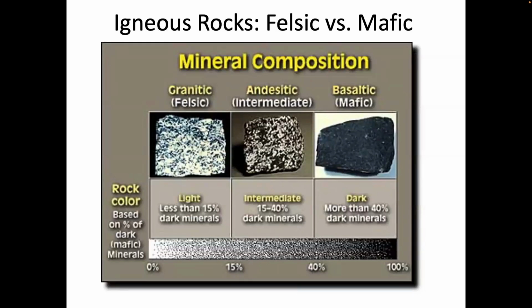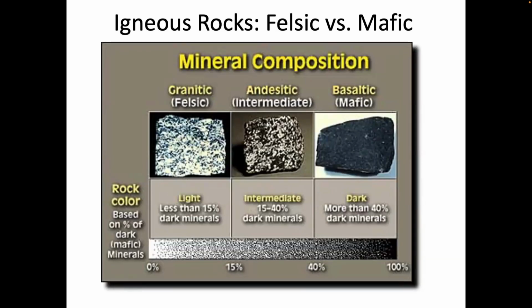Some of those which impart that sort of lighter coloration to it, those minerals collectively make this what's called a felsic rock. That's a very important term that you need to know. Felsic. And generally what we mean by that is that these are light colored rocks with less than 15% dark minerals. Now, some of those dark minerals we could rattle off, and I'm going to show you some pictures of them in a minute. We'll get back to that in a bit.